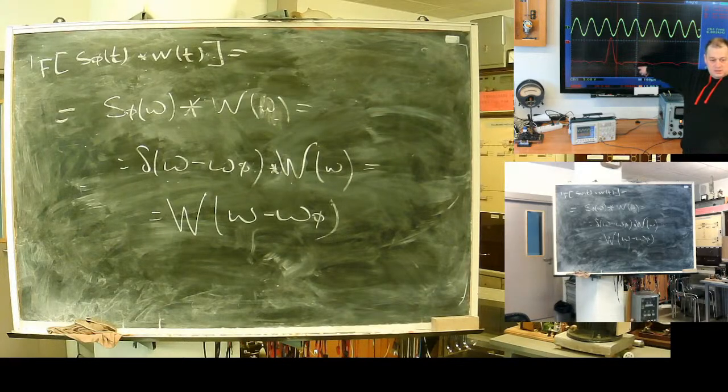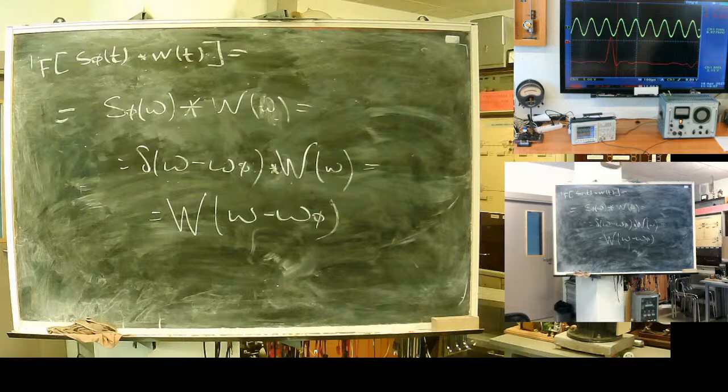The red line is not a spectrum of the yellow signal. The red line is a spectrum of the observation window. It's a problem of the discrete-time Fourier transform. I used a very pure sine, and for a very pure sine I got a pure spectrum.